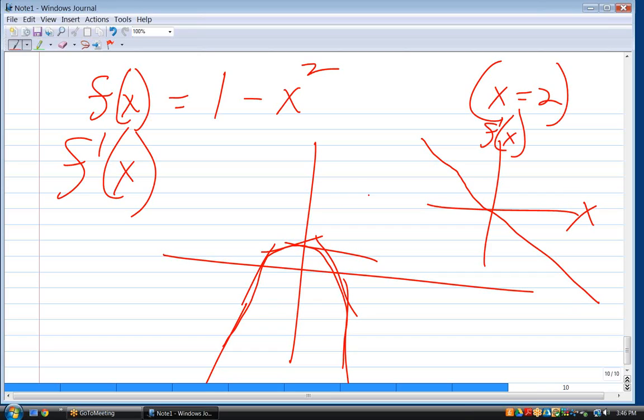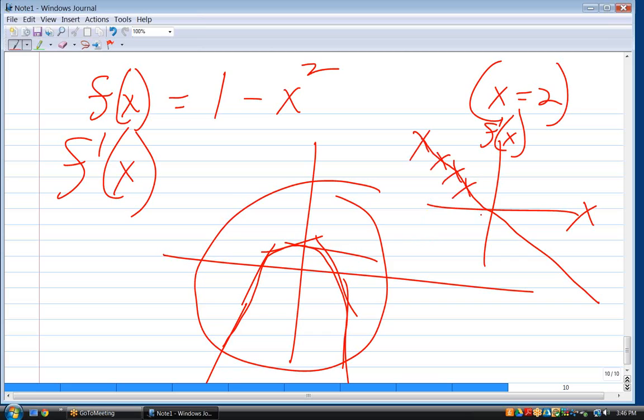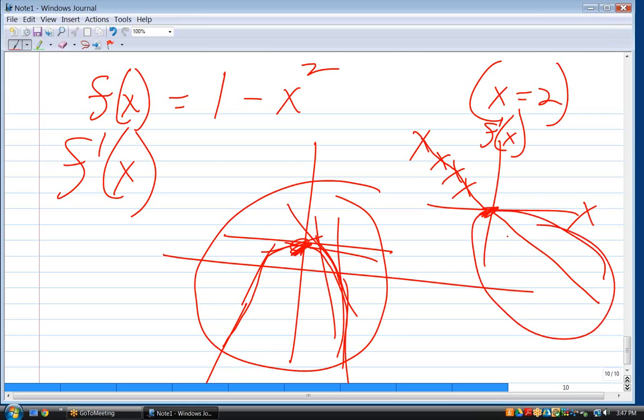In other words, the original function is a parabola, but the derivative of the original function is actually linear. It's a straight line whose slopes are positive, positive, positive. There it's 0, which is this point right here, which has a 0 slope. And then all the slopes go negative, which are this area right there. All the slopes are negative.